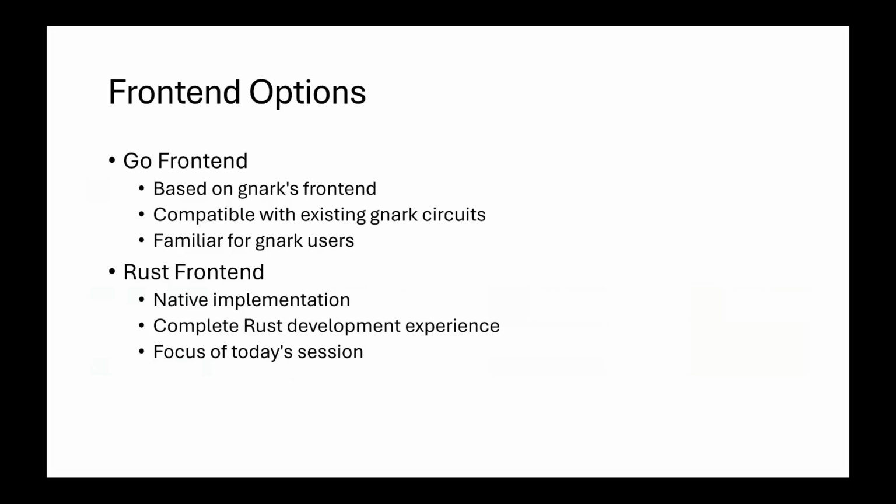We have Go and Rust frontends, and here are some features of them. The Go frontend is based on GNARK's frontend. So existing GNARK circuits can be used directly in the ECC.